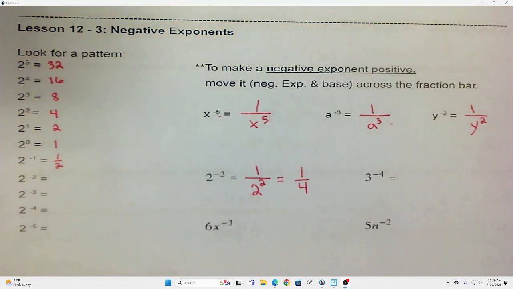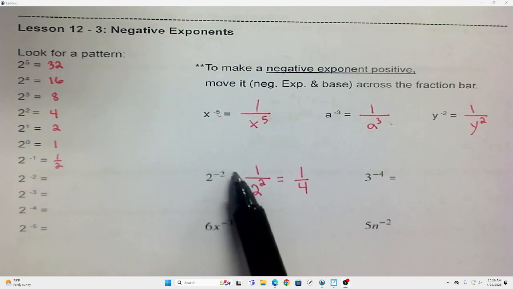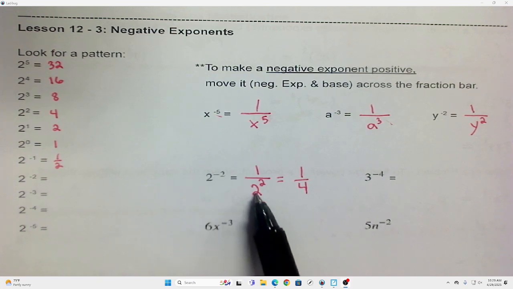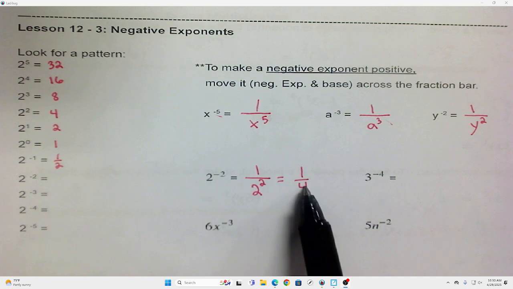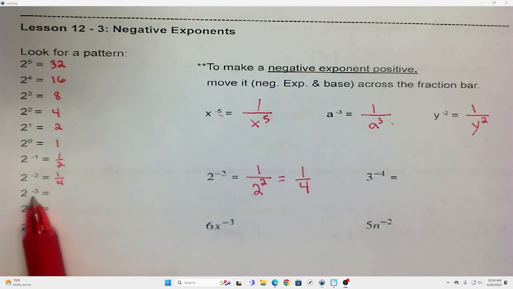Well, that's what we already found out by just taking our little 2 to the negative second power and sliding it down to the bottom of a denominator. And then I know 2 to the second power is the 4, so we've already proven that 2 to the negative second power is 1/4, but that's where it's coming from. And so how about we just do this? Let's just go and take this one.